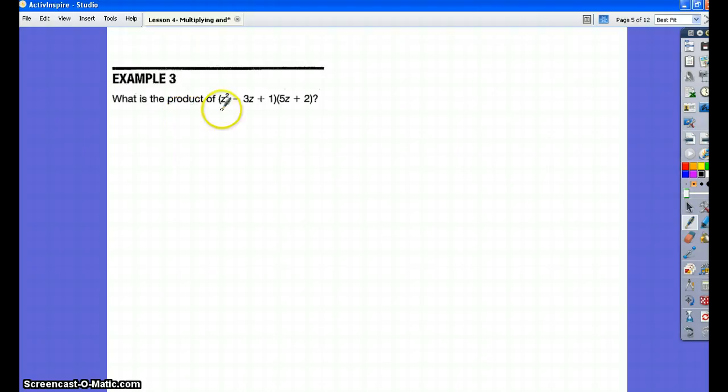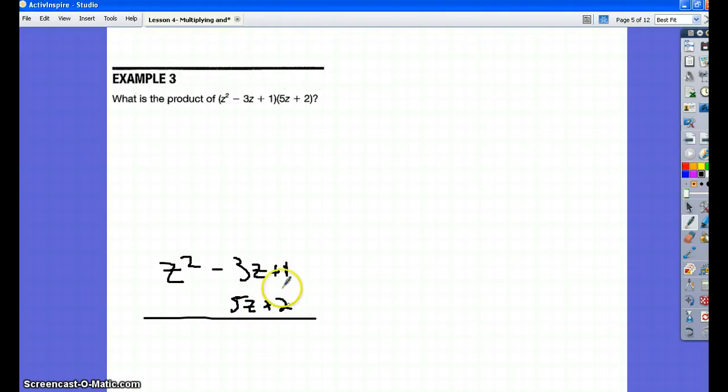So there's 2 different ways to kind of set this up. One is you can multiply the first term, z squared times 5z times 2, then the middle term times this, and the last term times this, or, which is what I'm going to do, you could set it up like a regular multiplication: z squared minus 3z plus 1 times 5z plus 2.